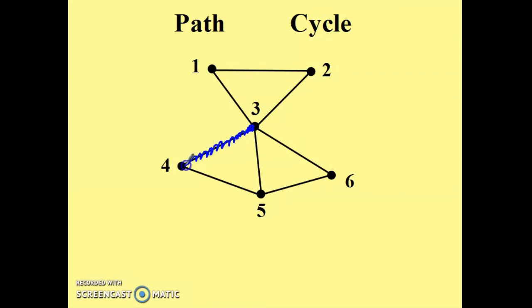So if there's a cycle from three, four, five, six, back to three, so that cycle is three, four, five, six, three, then there's a cycle that starts at four and goes four, five, six, three, four. And there's one that starts at five because any point on the cycle could be the starting point.